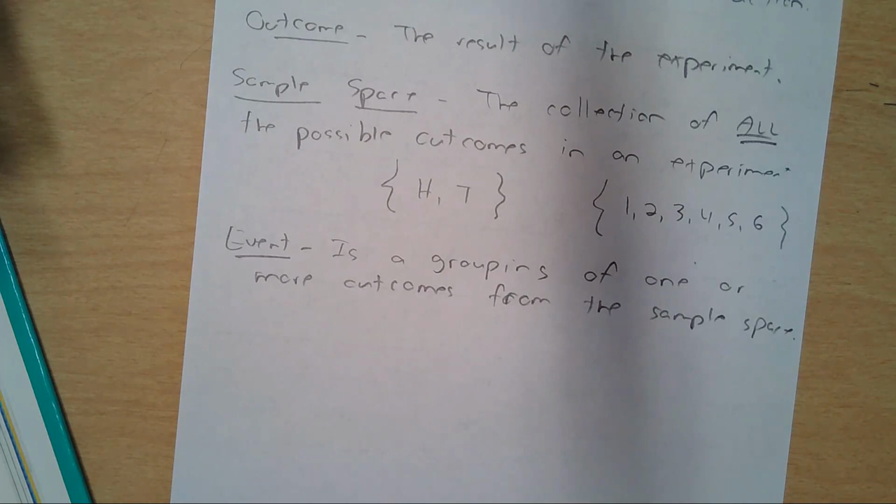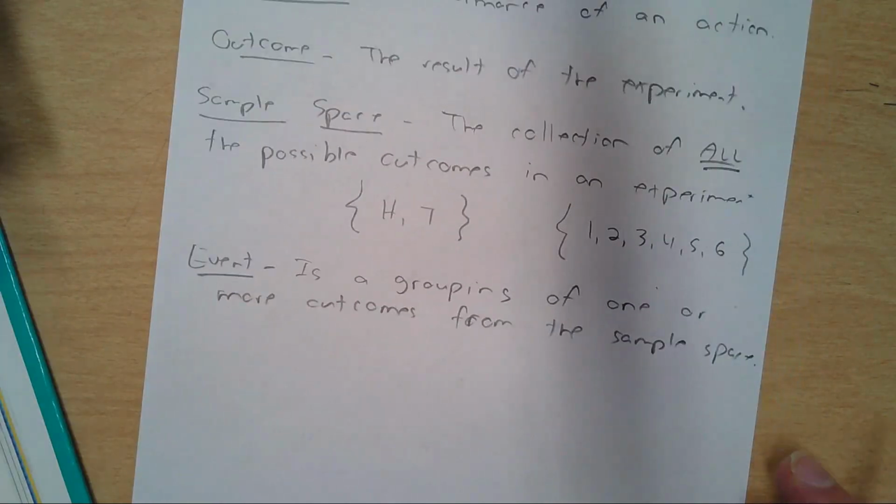So basically, the events, we'll come back to that here, when we talk about, basically I say an event could be, what's the probability of getting a head? That would be the event that I would want to happen. I'm trying to figure out the probability of flipping a head if I flip a coin. That would be the event. Detailing what you want to have happen.